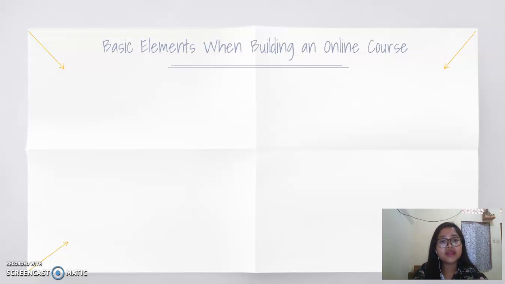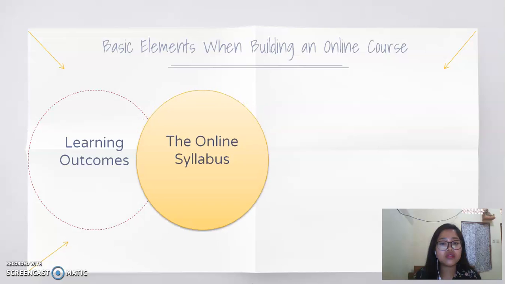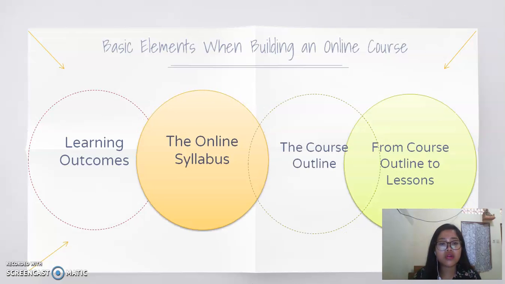Next is basic elements when building an online course. There are 4. The first one is learning outcomes. Learning outcomes are the most important thing in the process of online courses.